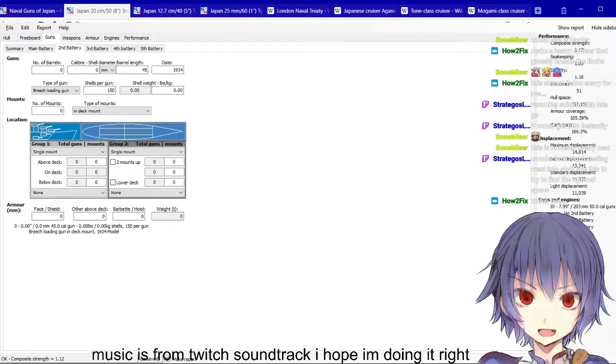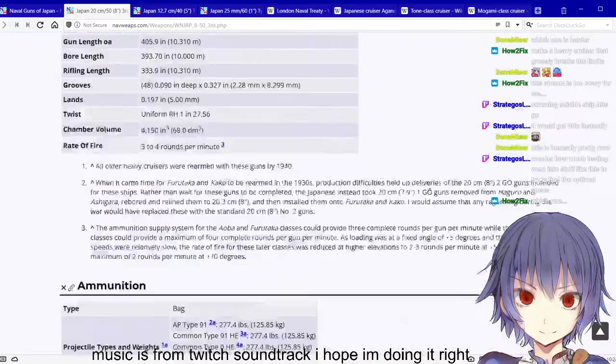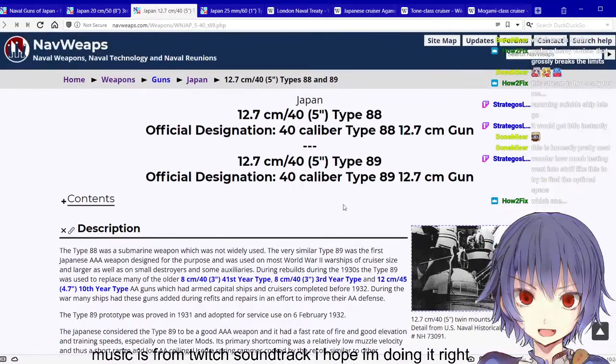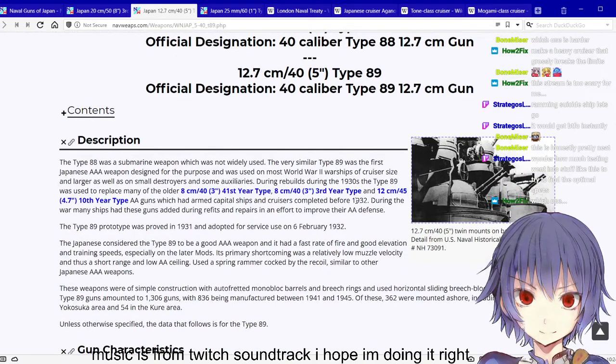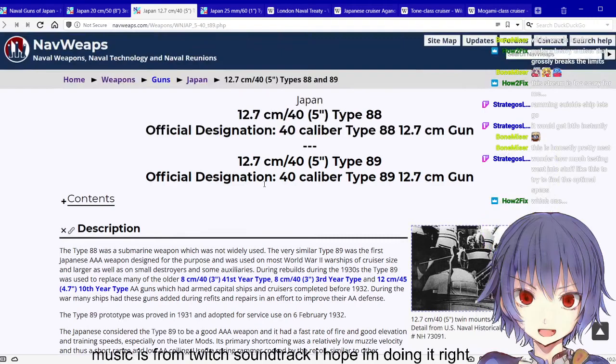Which isn't that large actually. So let me hide SpringSharp on OBS, minimize. We're gonna move on to our next gun, which is the very standard issue 12.7 centimeter 40 Type 88. I believe it's the 88. Excuse me, the 89. The 88 is for submarines.